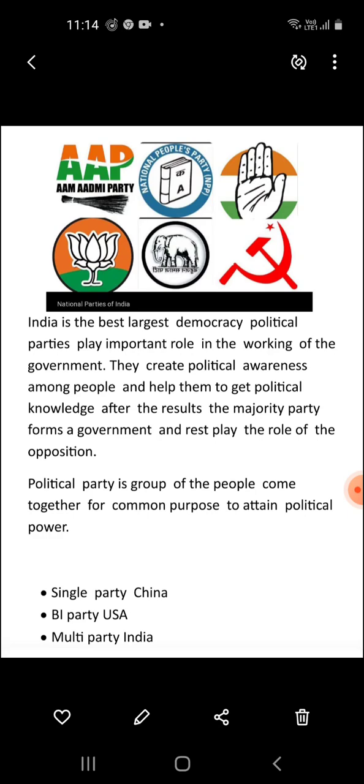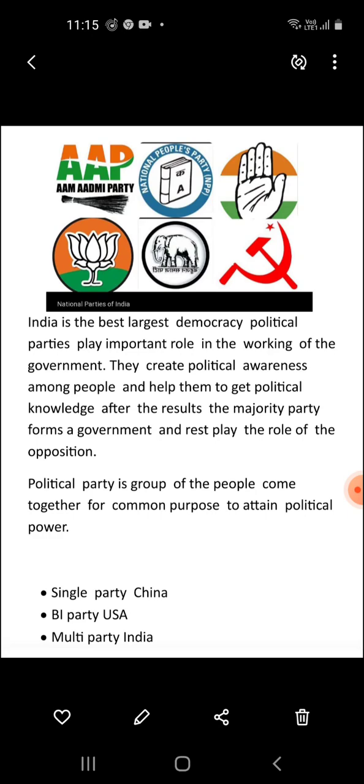Now let's see the meaning of the political party. There are several meanings for the political party, but I have chosen the easy one. Political party is a group of people with a common purpose. A group of people come together for the common purpose to attain political power, and that is the political party.